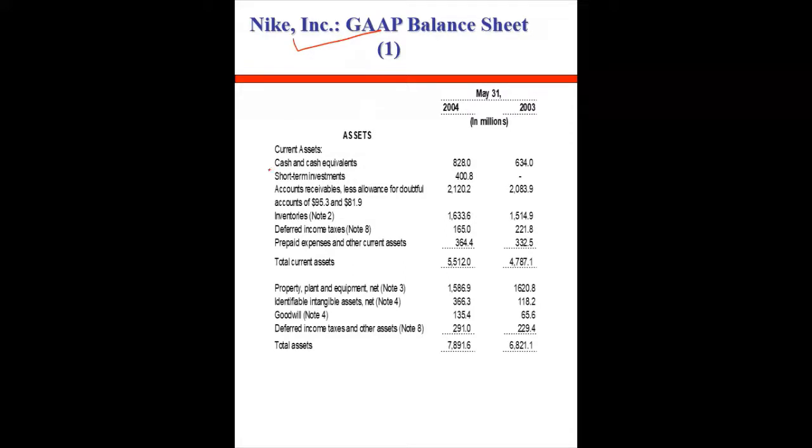So when it is cash and cash equivalent, if you have no more information, the company is Nike. What do you think? Would it be safe to count all the cash as operating or financing? We have cash for 2004 and 2003.